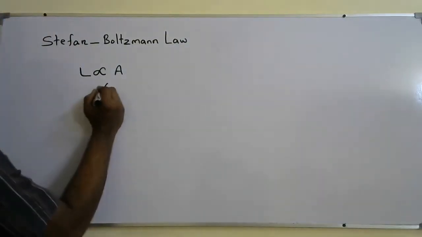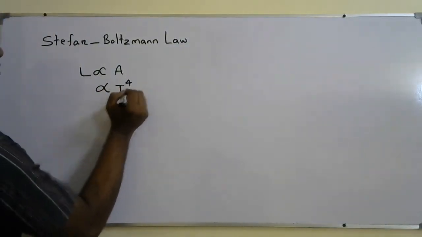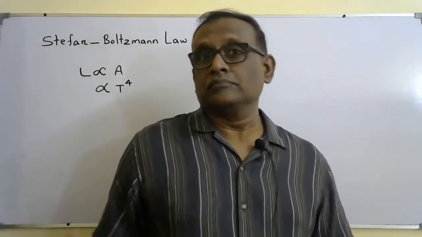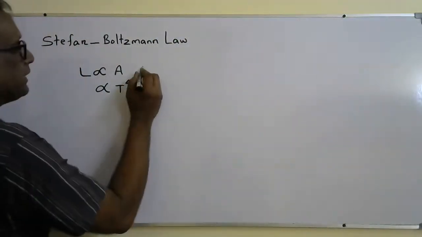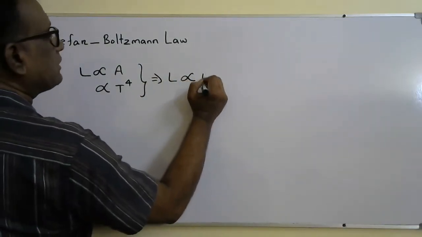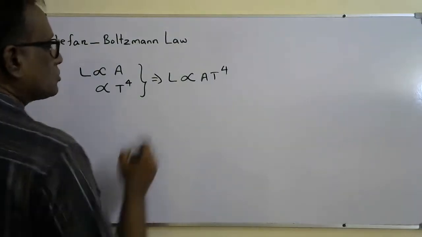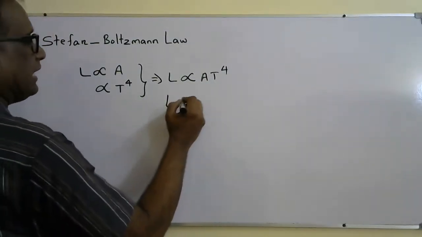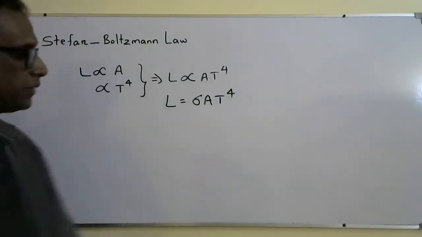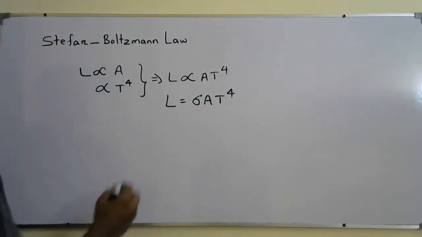Also, it's directly proportional to the power 4 of the absolute temperature of the black body. When we combine these two, luminosity is directly proportional to A T to the power 4. Converting this to an equation, L equals sigma A T to the power 4, where sigma is called the Stefan-Boltzmann constant.